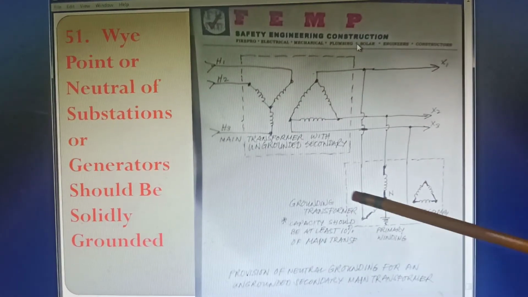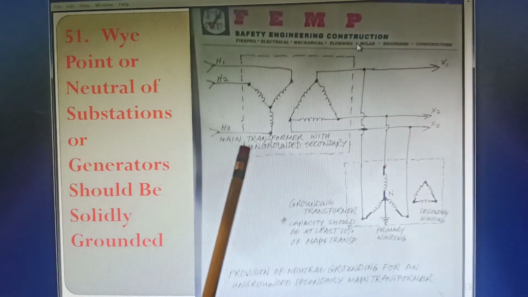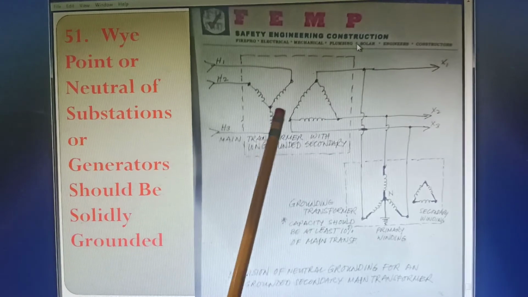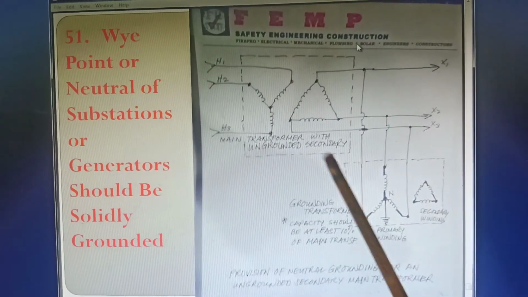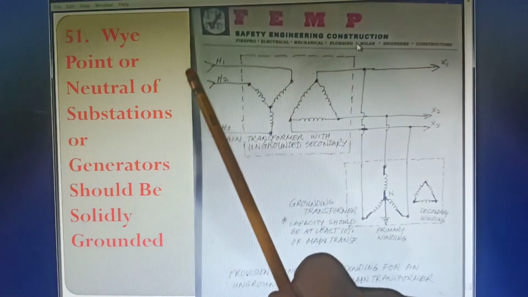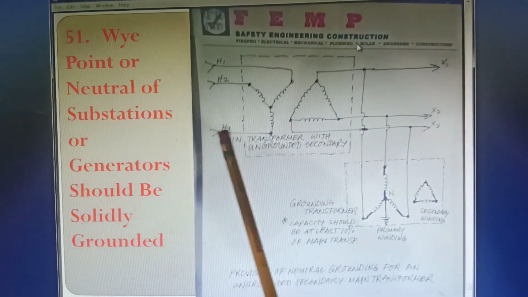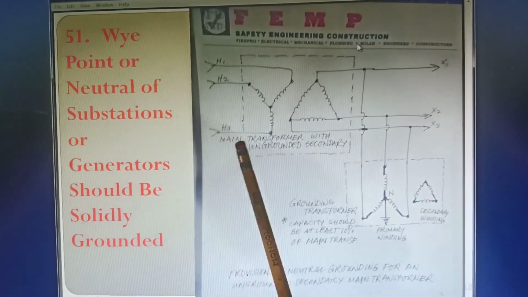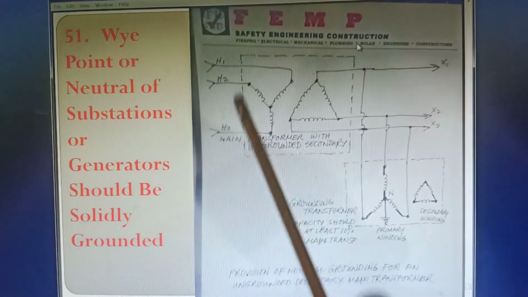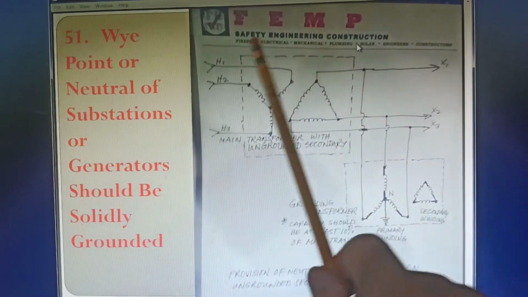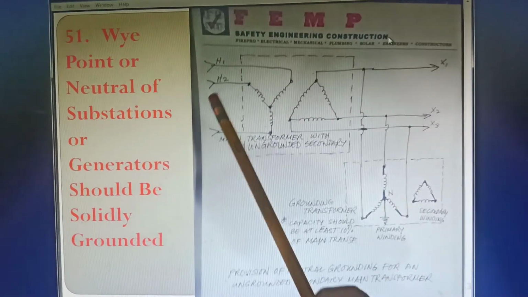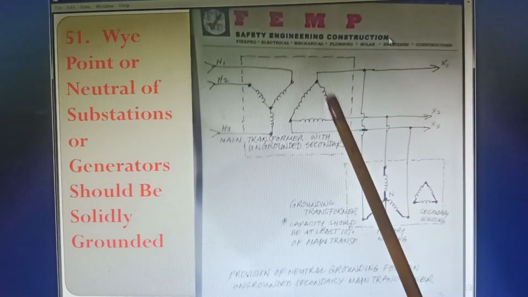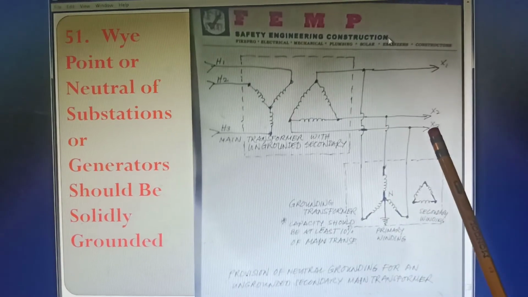Okay, here is a slide that shows you how you could convert an ungrounded system into a grounded system. So if these lines here are ungrounded, you can install a grounding type transformer. Here is the secondary of this ungrounded system.